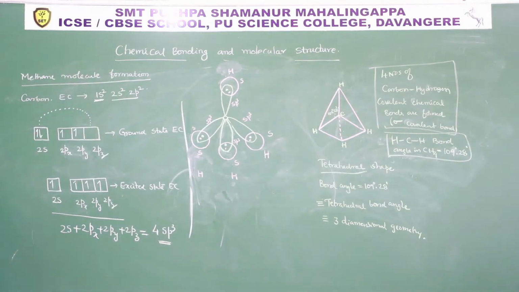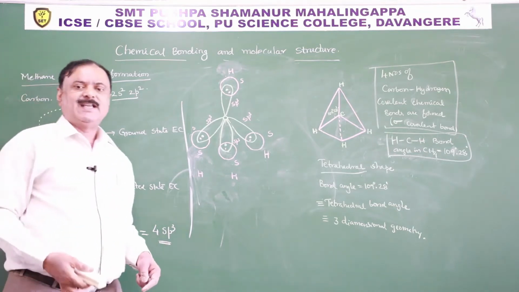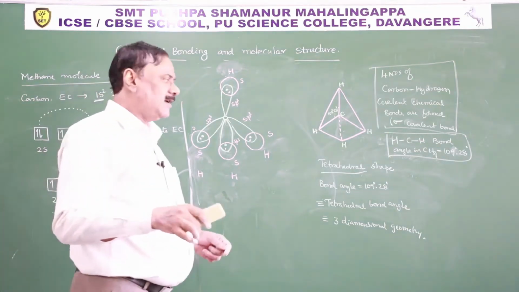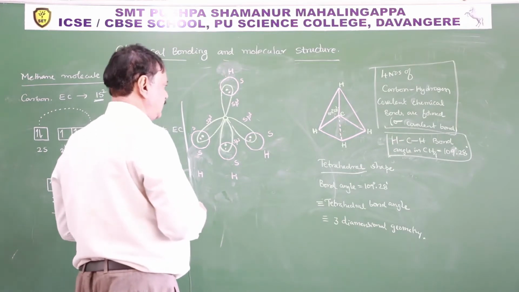Now, what about the sigma covalent chemical bond? A covalent chemical bond which is formed by axial overlapping of half-filled atomic orbitals is called a sigma covalent chemical bond.